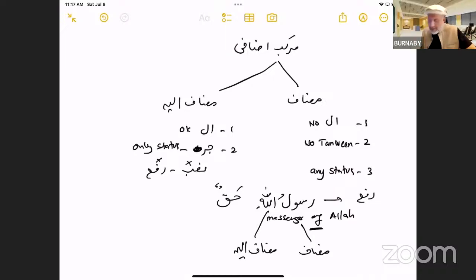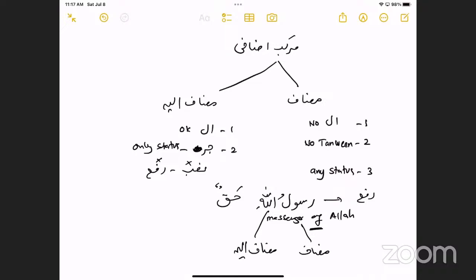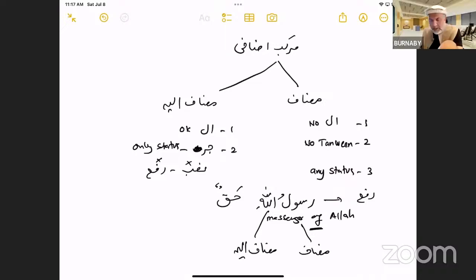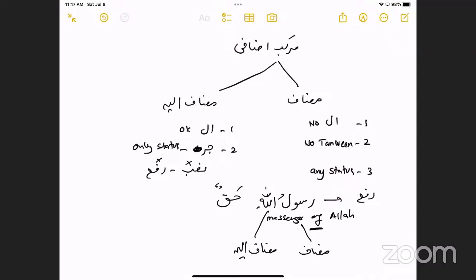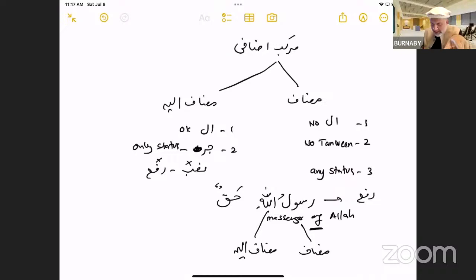I said, what is the status of mudaf here? What is the status of Rasul? It's rafa. So Rasulullahi, Allah is a mudaf ilayh. Is there al there? Yes. Is there jar there? Yes.